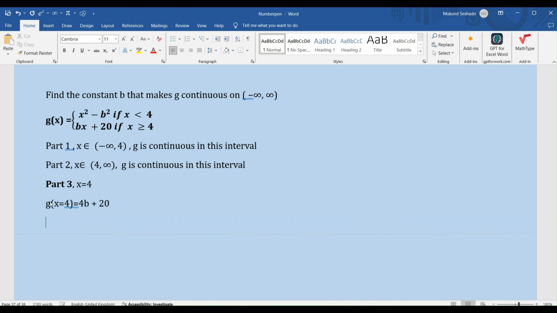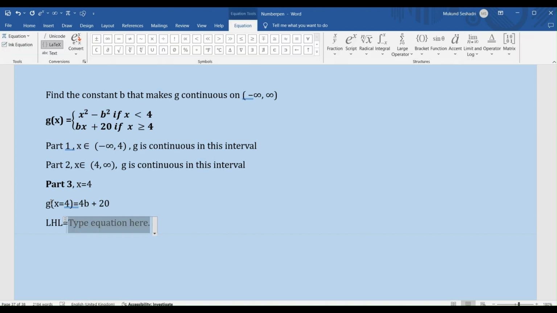And for a function to be continuous, we need to evaluate our limit, right? So what is our limit? We have two limits to be evaluated. One is our left-hand limit, when our function takes a value which is slightly lower than 4 and is approaching 4 from the left-hand side, which is what it means. And what does it call for?